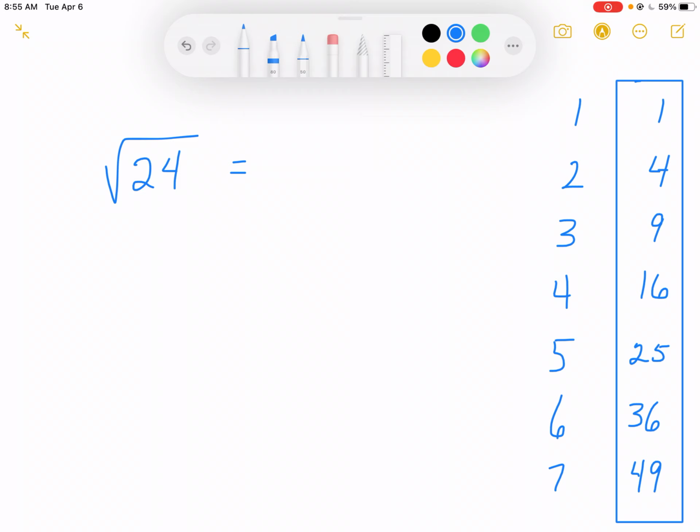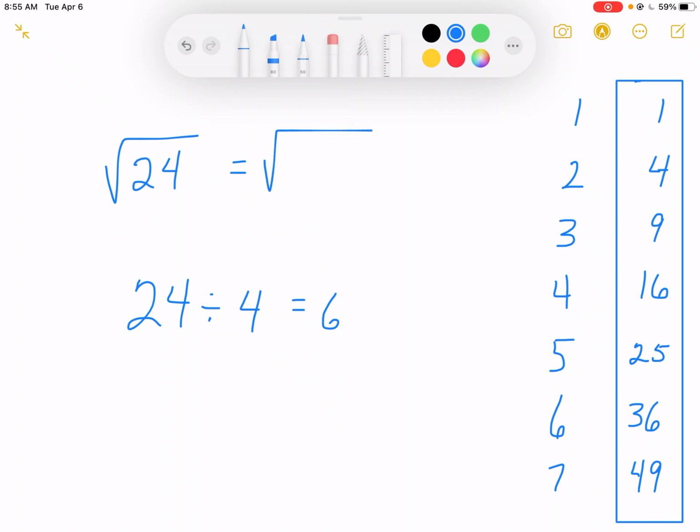So when I look at the square root of 24, I'm asking, are any of those things that 24 is divisible by? Okay, so can I take 24 divided by any of those numbers in that box? And you should hopefully be able to see that, hey, 4 would work, right? 24 divided by 4 equals 6.